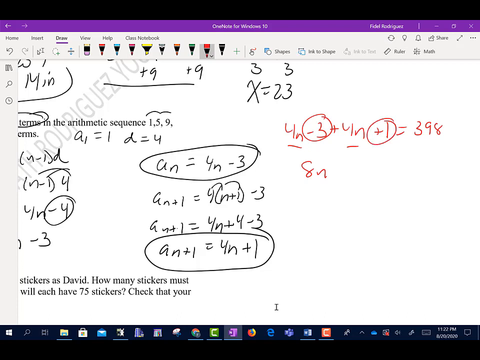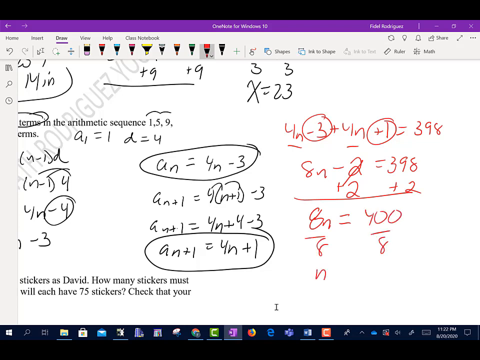Minus 3 plus 1 is minus 2. It's 398. So if I add 2 to both sides, I come up with 400, and I divide by 8, then n is equal to 50.